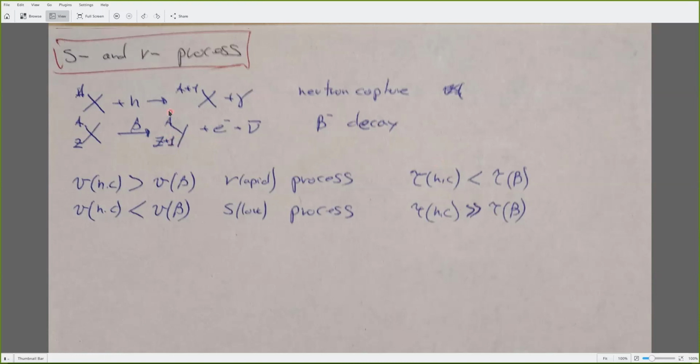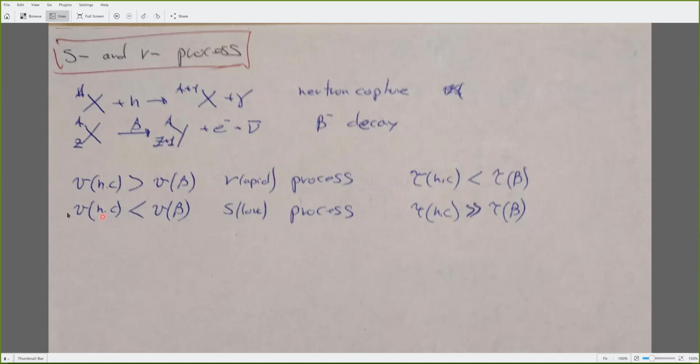While the mass number is the same. If the rate of neutron capture is higher than the beta decay, we have a rapid process, the R process. We see it as the mean time of the process.